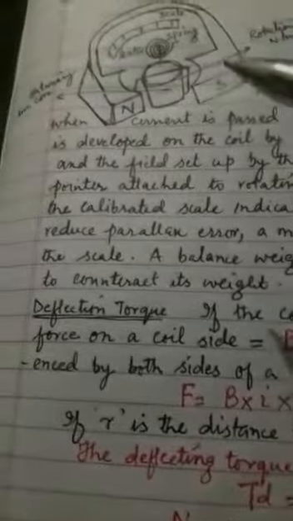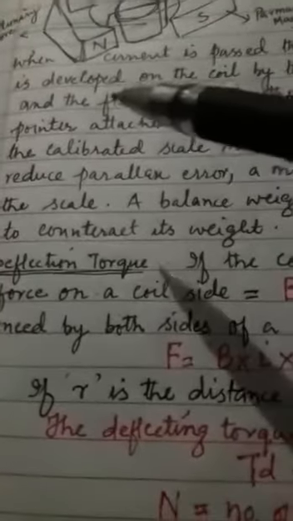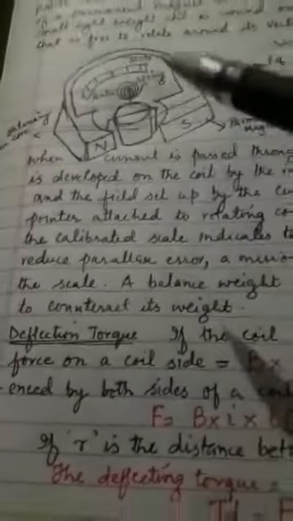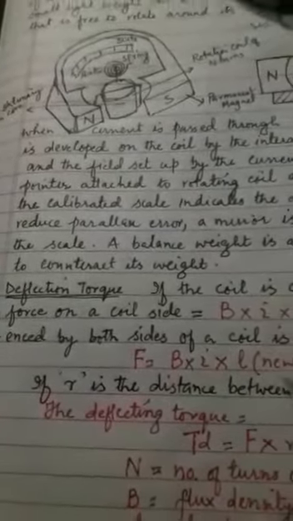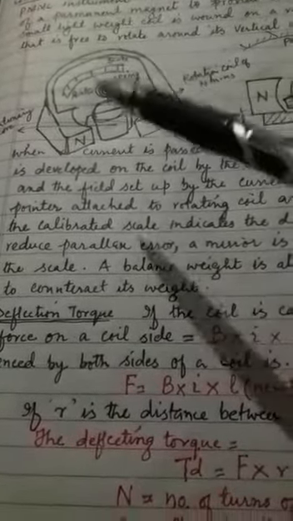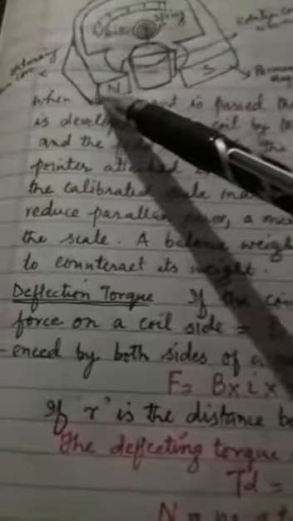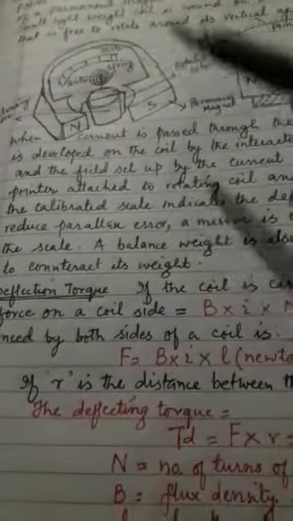So the torque force is produced by the rotation of the winding coil through which the current is passed, between the magnetic field produced by this magnet and the current going through the winding coil.